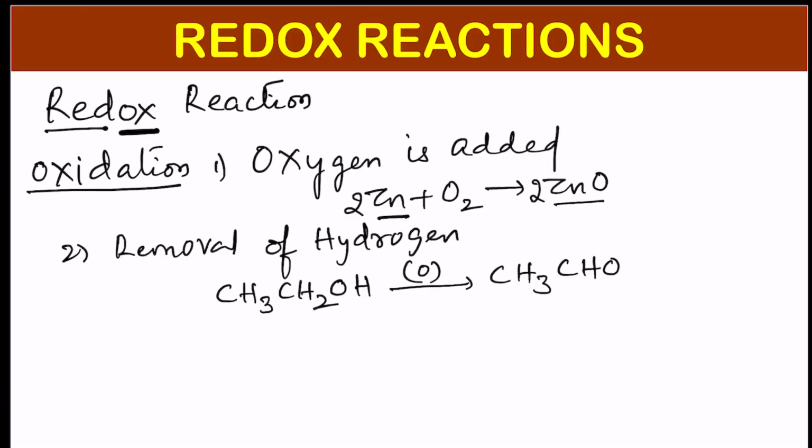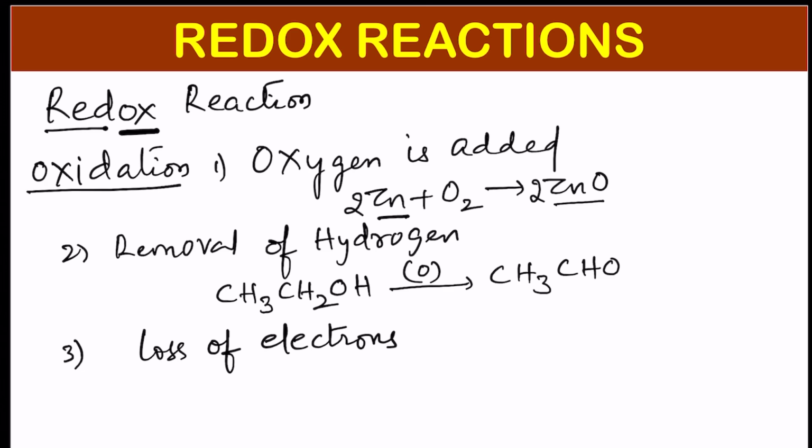But today most of the reactions involve loss and gain of electrons. So taking that loss and gain of electrons into consideration, we define oxidation as a process where electrons are lost or electrons are removed. So the third definition is loss of electrons.